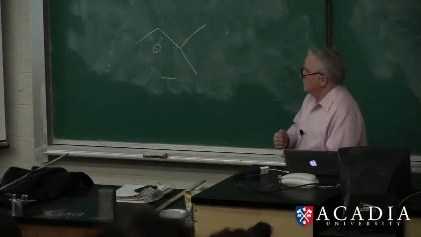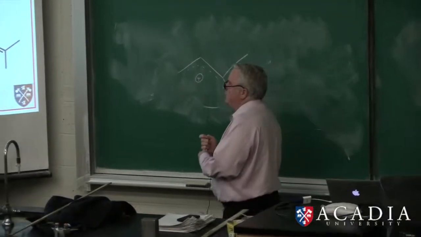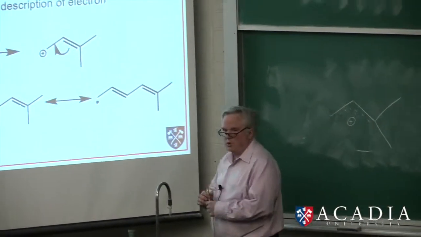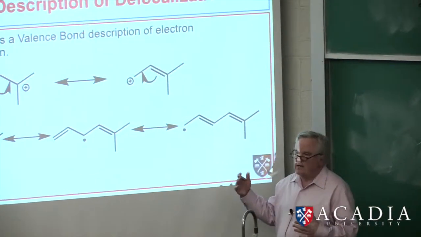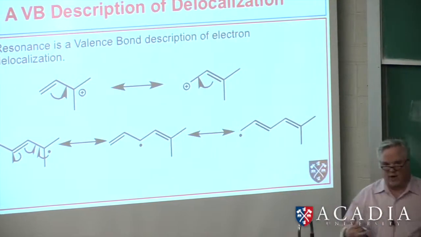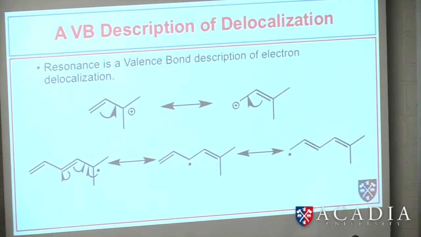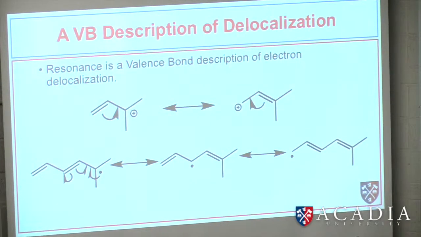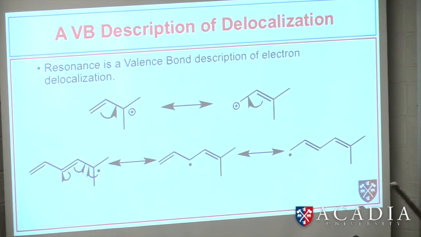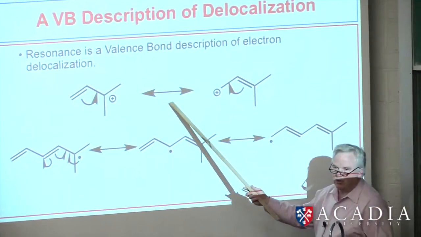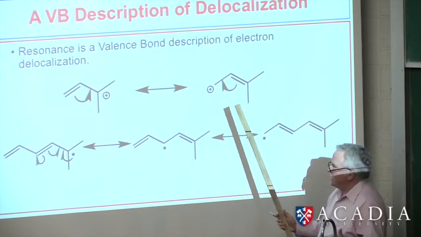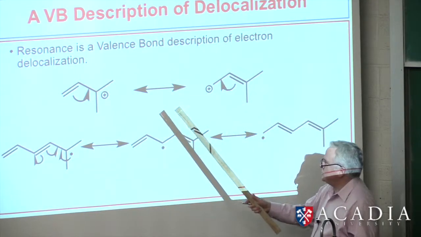Okay, so resonance is a valence bond description of electron delocalization. Right now we're just going to go through some rules of resonance because this is an area where you folks need to think about things a little bit more. The thing we want to remember mostly is this is not a reaction. This is showing that the true structure is a blend of these two structures.